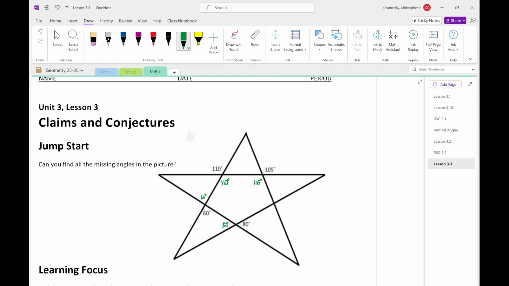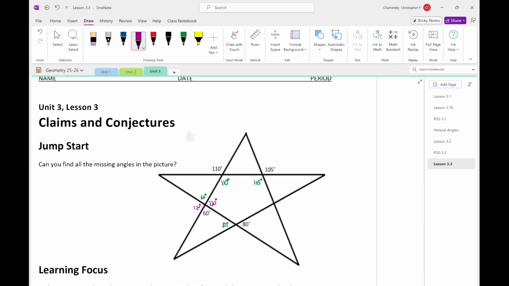Something else we could do is look at our linear pairs. Next to this 60, we have to make 180 degrees, so that's got to be 120 there, and also 120 across next to that 60.